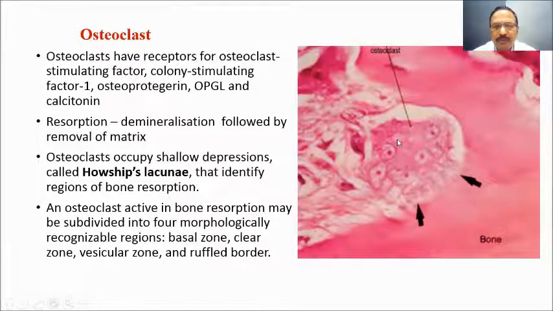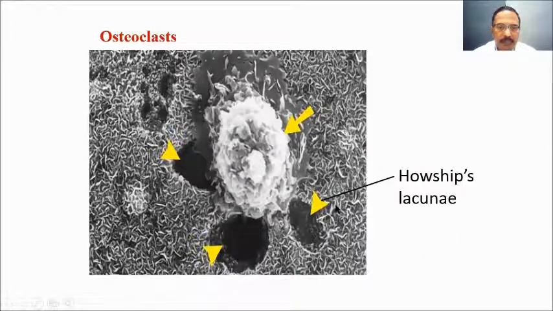It is according to the presence of various digestive enzymes, and it is described as 4 zones. So they are present like this. In this slide, we can see there is a small space around that cell that is called the Howship's lacunae. This is a scanning electron micrograph also showing the same.